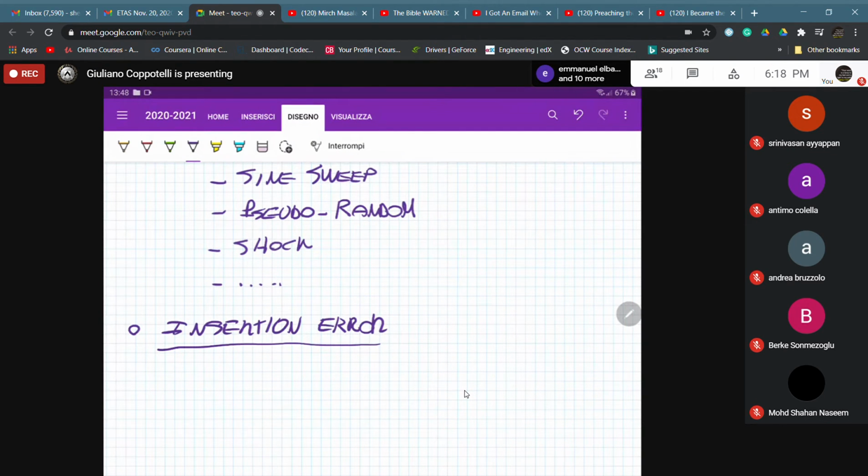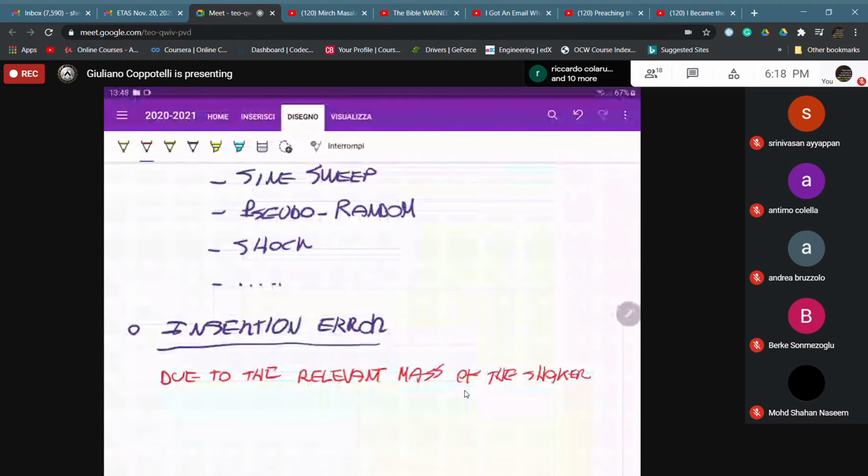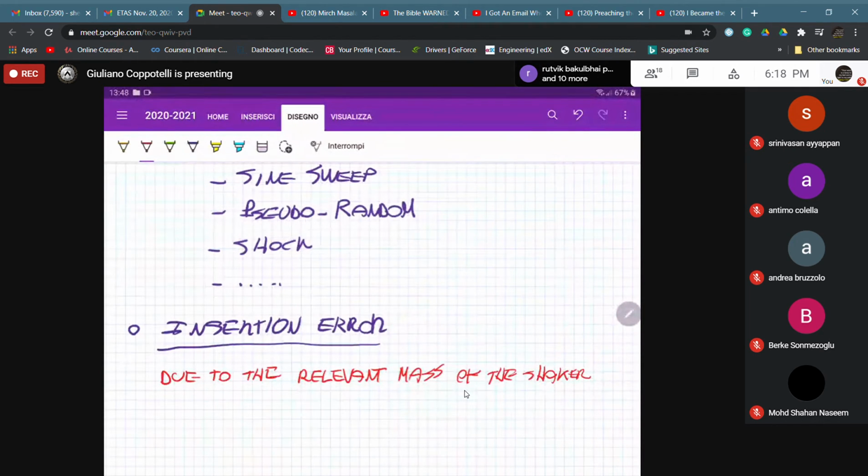And what is the source of this insertion error? It is due to the relevant mass of the shaker, and that is because, remember, we use permanent magnets in order to create an electromagnetic field that interacts with your input electrical current.